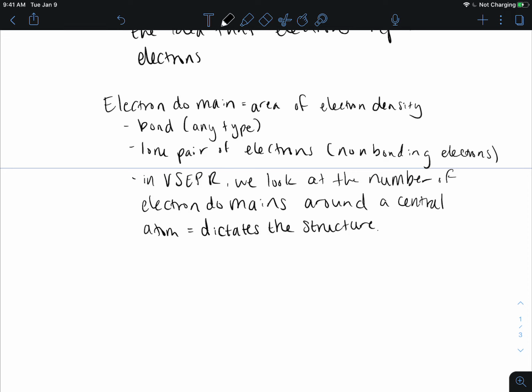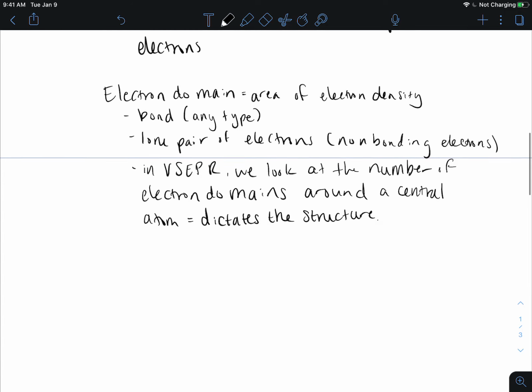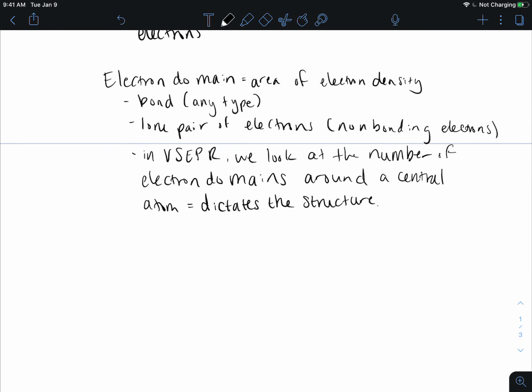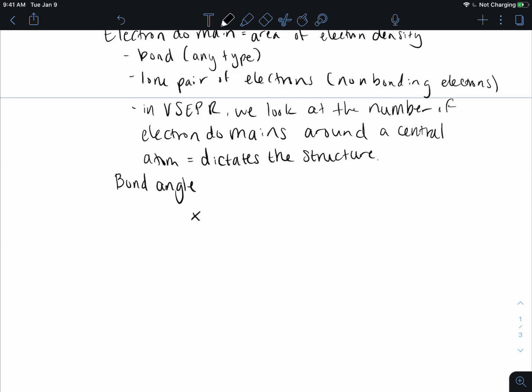Okay, so we can look at electron domains around a central atom. And the other thing we're going to want to look at is what's called a bond angle. So if we've got some central atoms surrounded by two peripheral atoms, this angle made between the three atoms is called the bond angle.